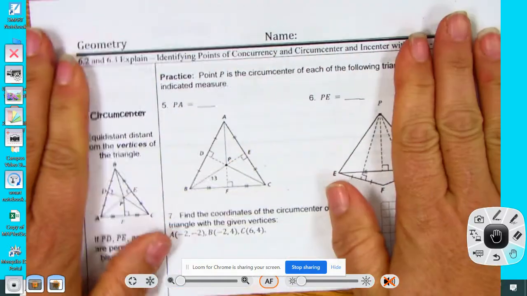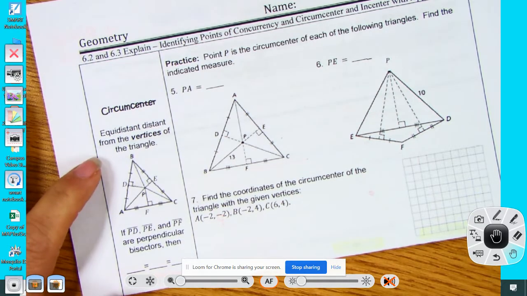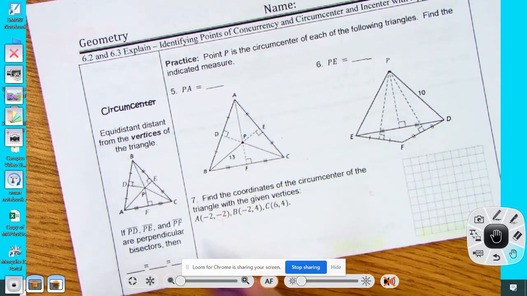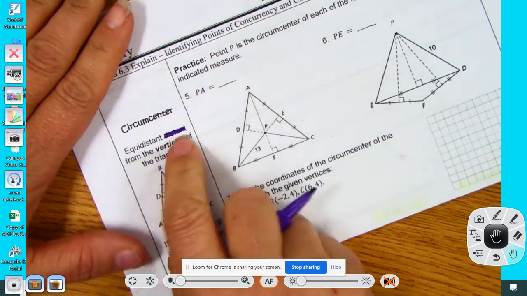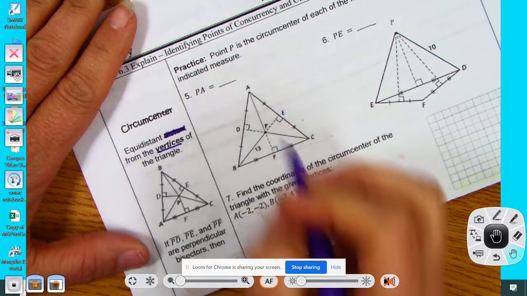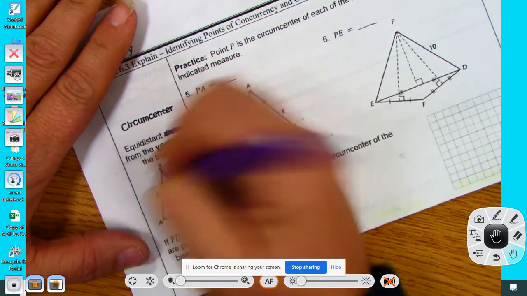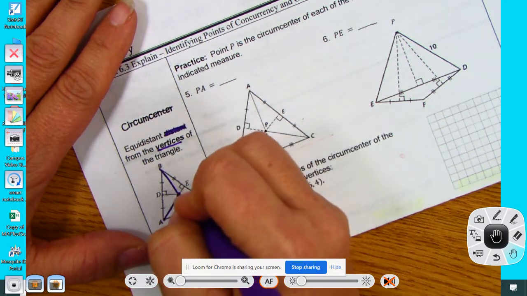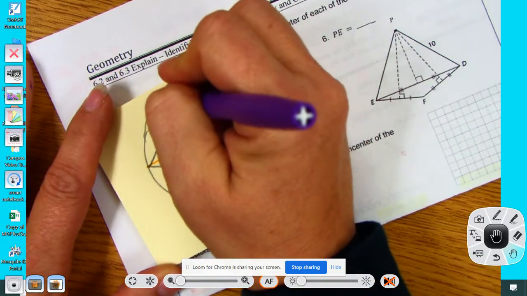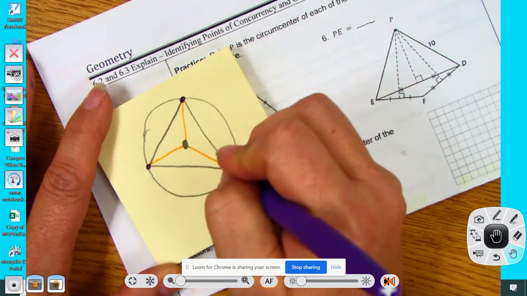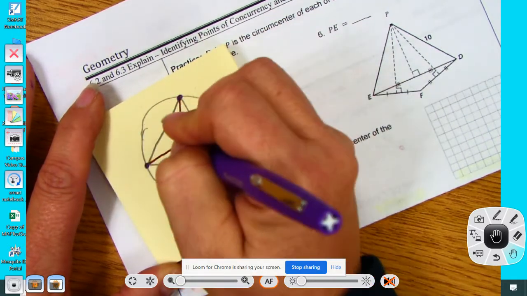So first we're going to talk about the circumcenter. The circumcenter is equidistant from the vertices. That is a typo. So if I go to my circumcenter, it is equidistant to all of the vertices. Well, remember in my picture, I said it just so happens that the corners of the triangle lie on the circumference of the circle, making all of these the same.